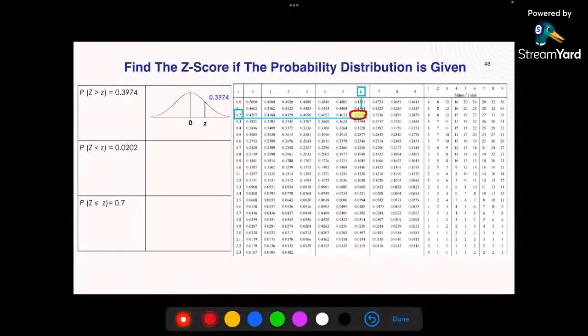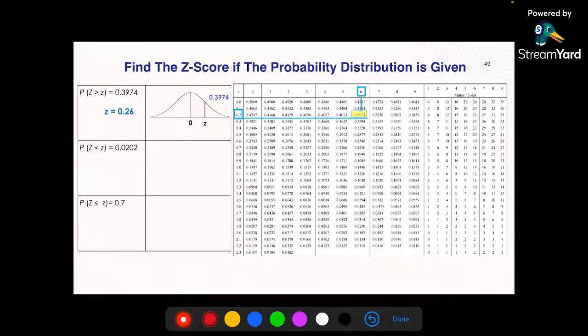Z-score kita ambil je 0.26. So Z ni adalah, this is 0.26. So nampak tak ni greater than area dia. Itu lebih kurang kalau kita nak gambarkan. So dia nak tahu Z je, Z dia adalah 0.26. Kalau kita tengok based on that blue one tu, cara kita nak baca.